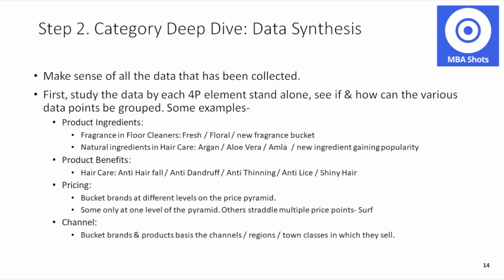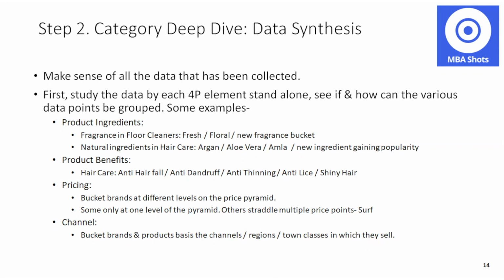A few examples just to bring this point home. So if you have all this data by the product ingredients, how can you club that? If you were to take the example of floor cleaners, fragrance is a big ingredient there. It is the second most important ingredient as far as floor cleaner is concerned after the actual disinfectant, which gets the job done. So the different ingredients that are there in the market, can you club them into buckets?